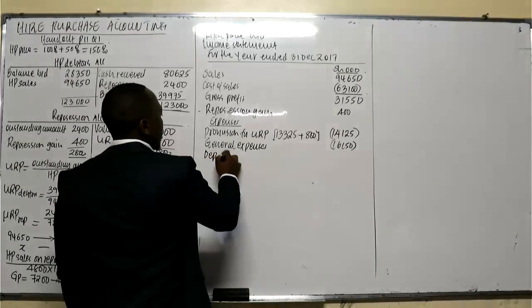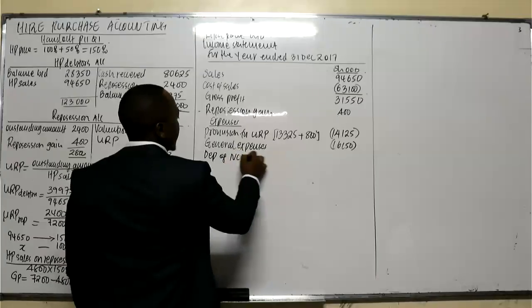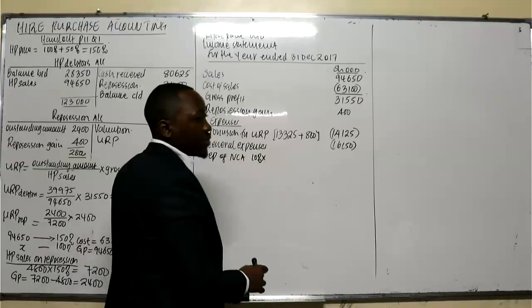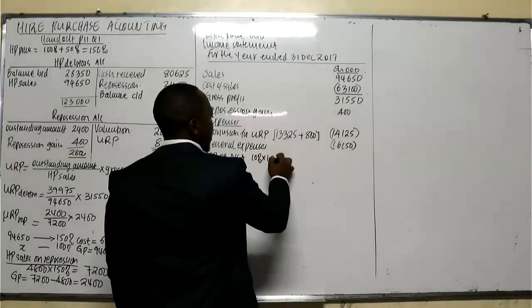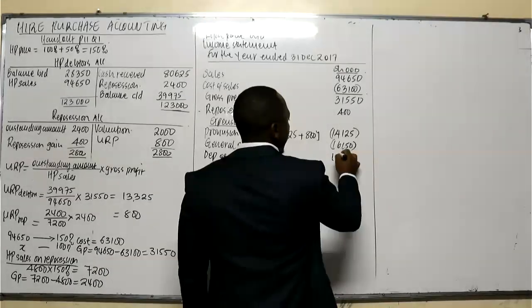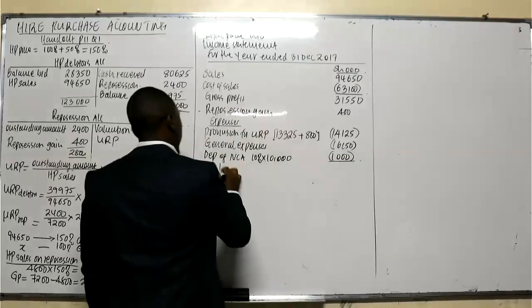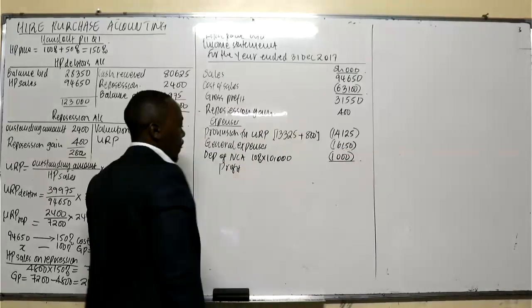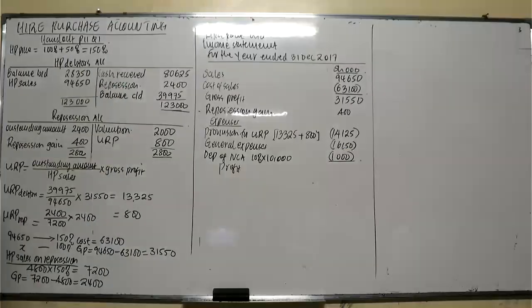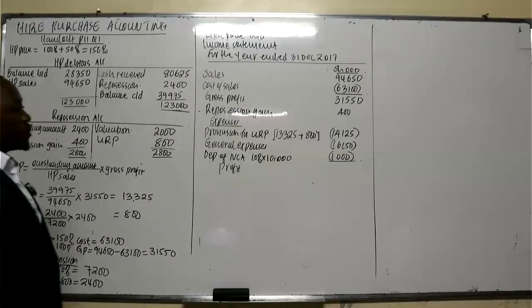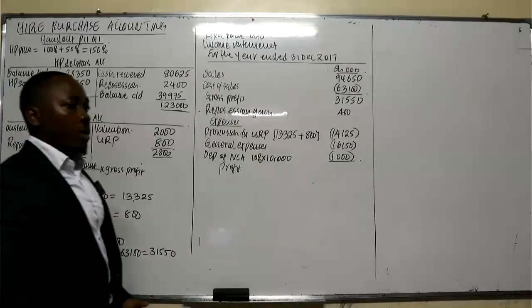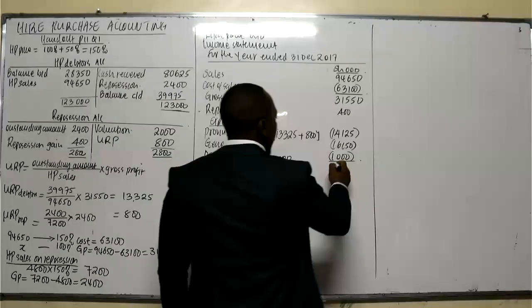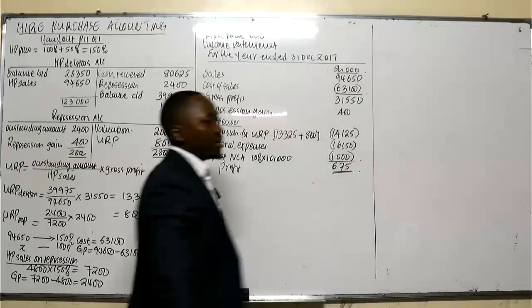So depreciation of non-current assets, 10%. How much was the cost of the non-current asset? 10,000. So therefore the depreciation was an amount of 1,000. So now give me the profit. That is 675.